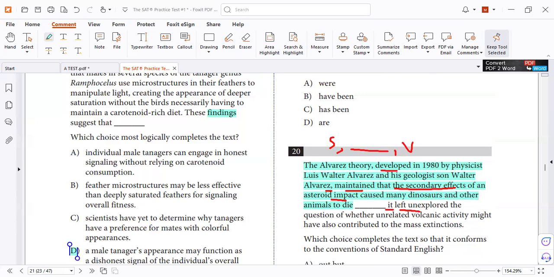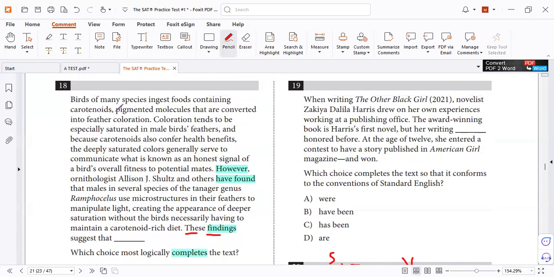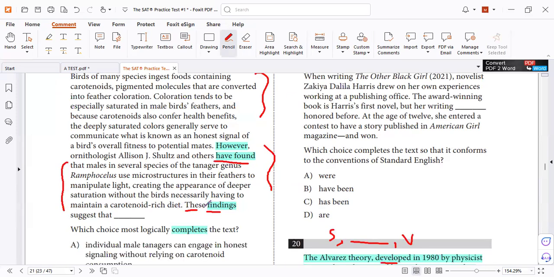How did you know? The question said complete. Complete what? The text. What is it? The last sentence, he said these findings. So while reading, what are the findings? I'm going to read very, very quickly. When I come to however, I know this is opposite to that. He said I have found findings, so my answer must be there. He said this finding suggests, so I need an answer here related to the same tone of the findings, not opposite.